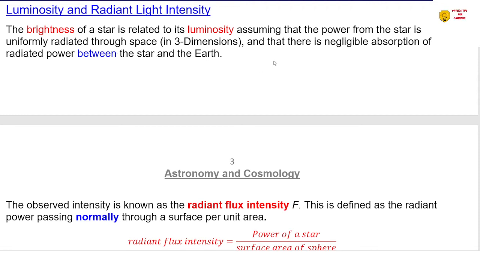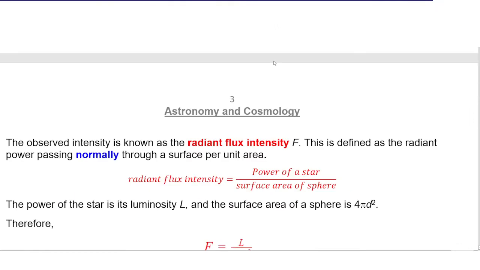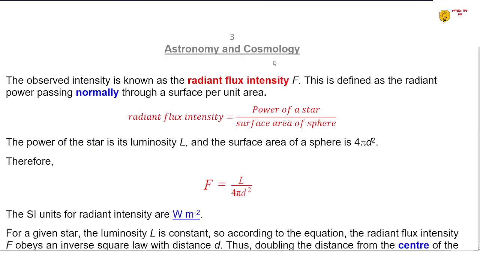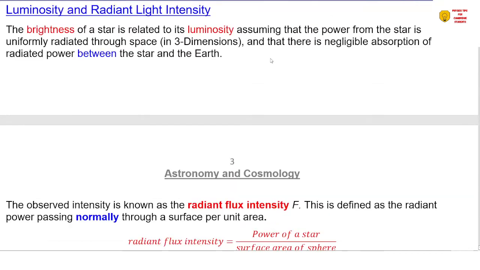Also, we are assuming that there is negligible absorption of this radiated power between the star and the Earth. The observed intensity is known as the radiant flux intensity, and it is given the symbol F. Luminosity is given the symbol L.